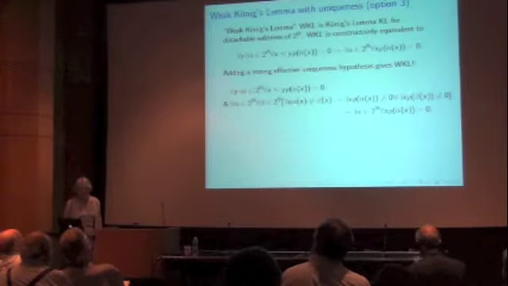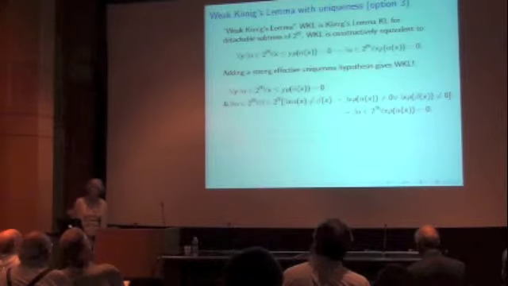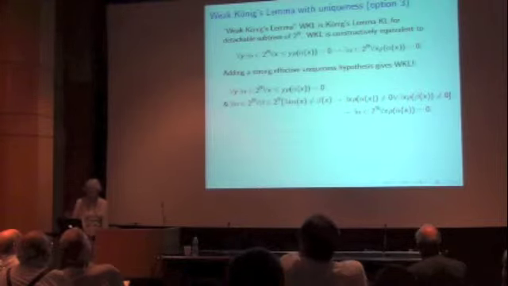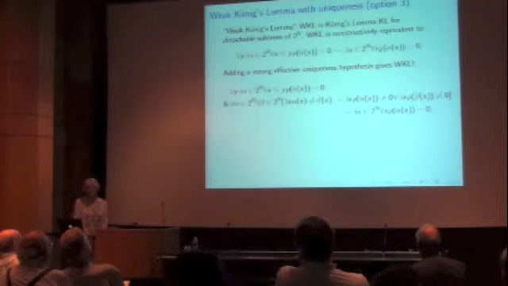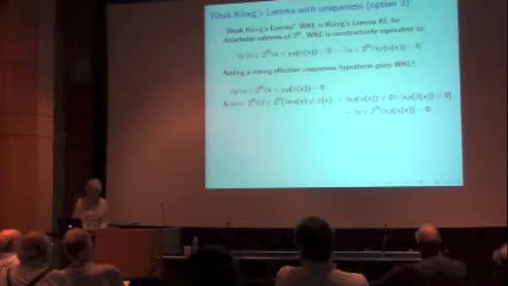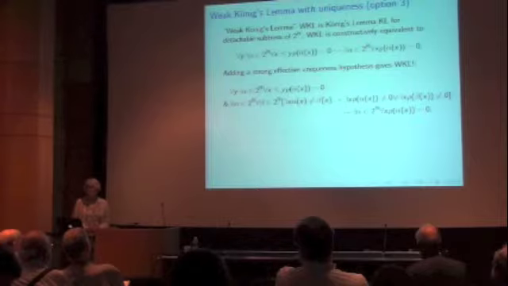Adding a strong effective uniqueness hypothesis gives WKL unique. This is the one that the Bishop people have been looking at. So here the uniqueness hypothesis is: if alpha is apart from beta, that is, if there is an x such that alpha of x is different from beta of x, then either there is an x such that rho of alpha bar of x is different from 0, or there is an x such that rho of beta bar of x is different from 0.